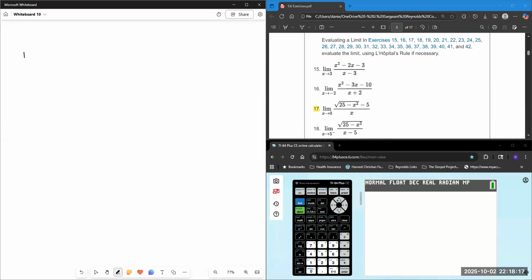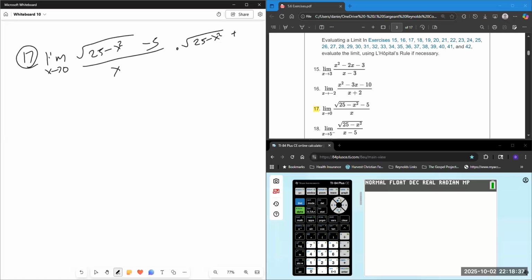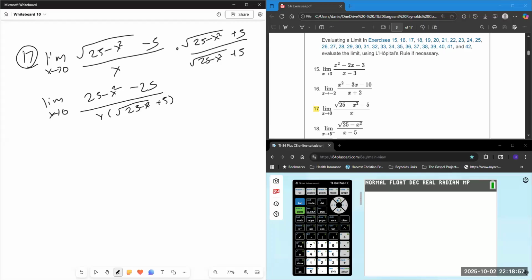These problems tell us to use L'Hopital's rule if necessary. So I believe that implies that we should try to use other techniques first before using L'Hopital's rule. So multiply by the conjugate: the limit as x goes to 0 of (25 minus x squared minus 25) over x times (root of 25 minus x squared, plus 5). 25 minus 25 is 0.